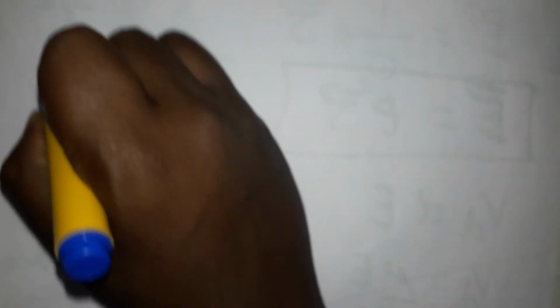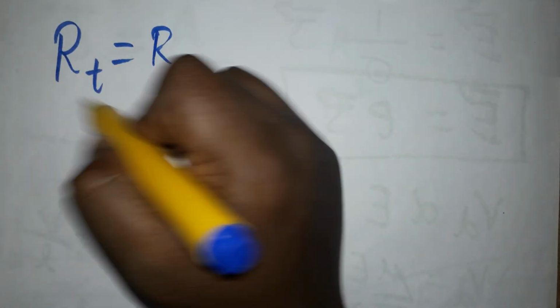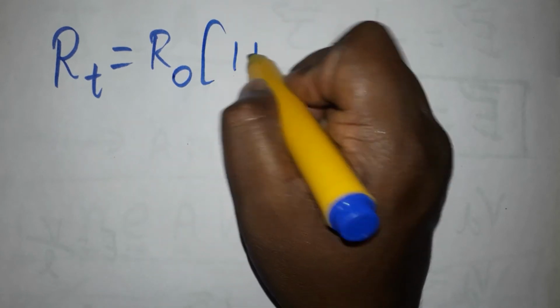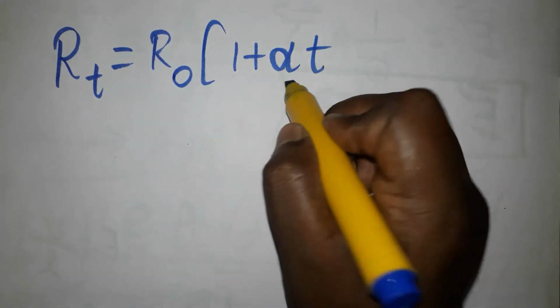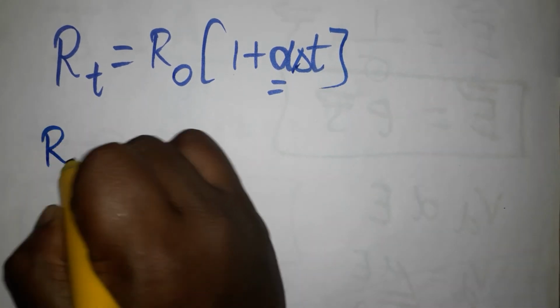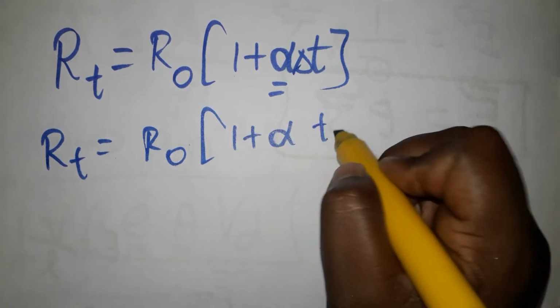Okay, next one, factors affecting temperature, how the resistance is affected by temperature. RT is the resistance at a particular temperature, R naught is the resistance at 0 degree Celsius. It is R naught times 1 plus alpha delta T. Alpha is the temperature coefficient, delta T is the change in temperature. The same formula you can write as RT is equal to R naught times 1 plus alpha times T2 minus T1.